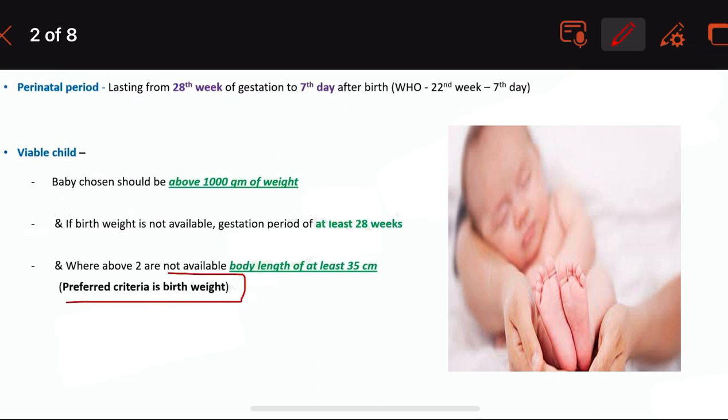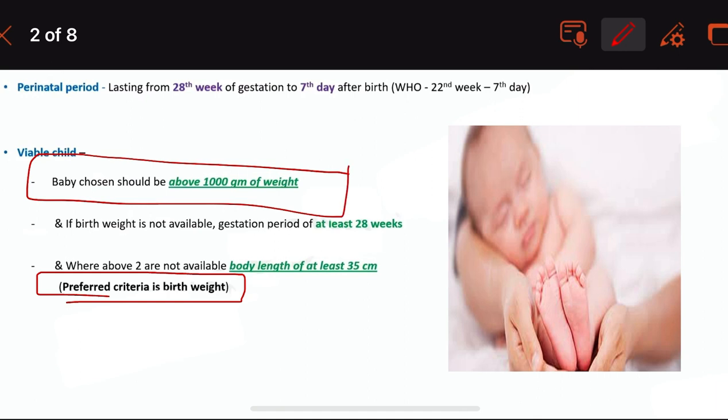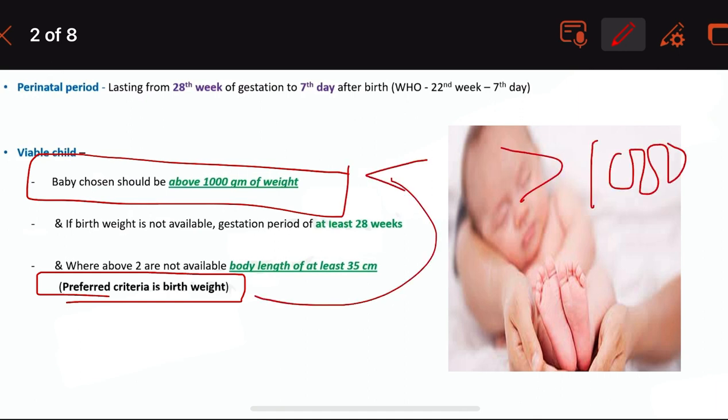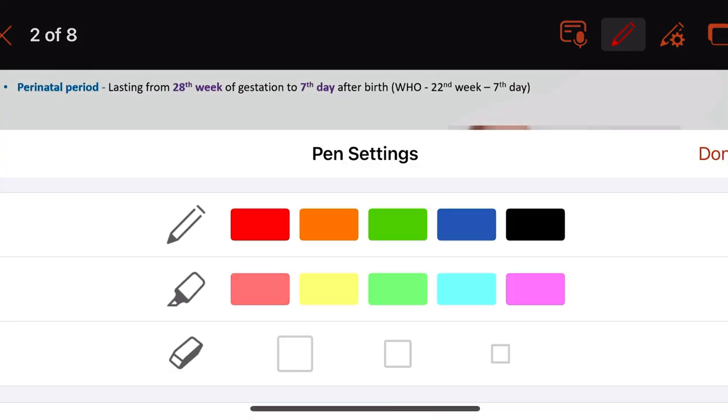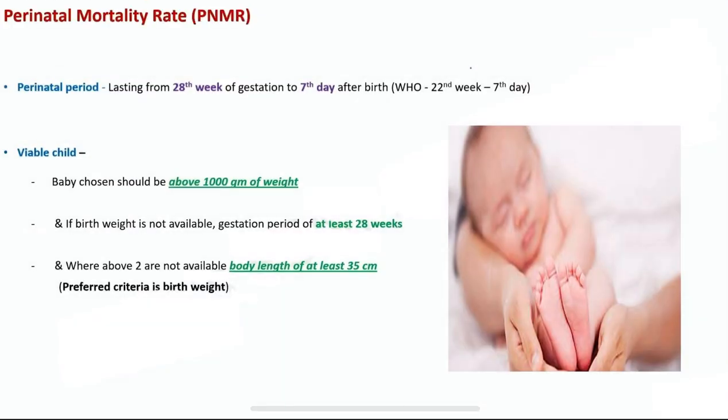The preferred criterion is the birth weight. The birth weight should be more than 1000 grams, or the baby should have completed 28 weeks of gestation. When both of these are not available, you measure the length of the baby, which should be 35 centimeters. So this was about the viable child.